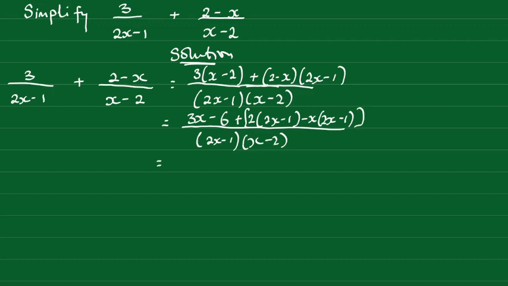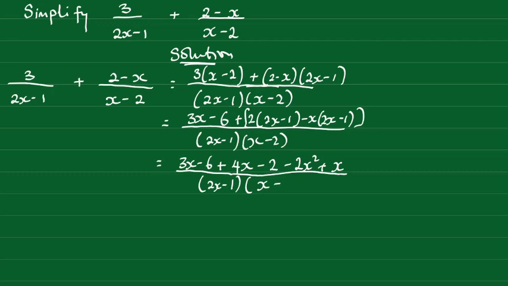Now this is equal to, remember we have 3x minus 6, plus 2 times 2x gives us 4x, 2 times minus 1 gives us minus 2, while minus x times 2x gives us minus 2x squared, minus x times minus 1 gives us a plus x, all divided by (2x minus 1)(x minus 2).